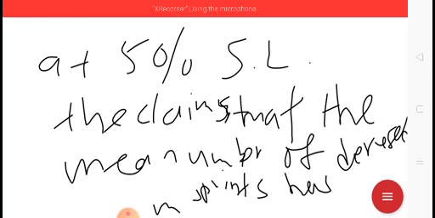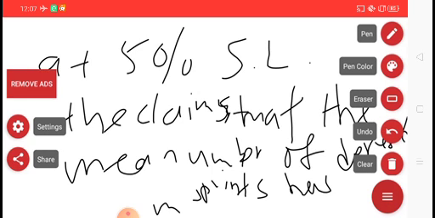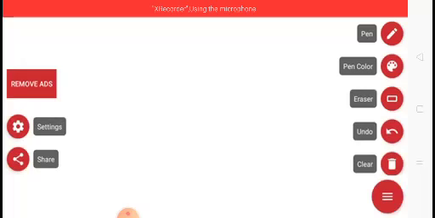Right, so now we proceed to the second question. For the second question, Jack is the manager of a local football team. During last season, the number of goals per match scored by the team followed a Poisson distribution with a mean of 1.4.